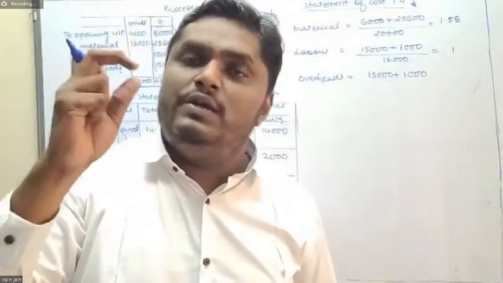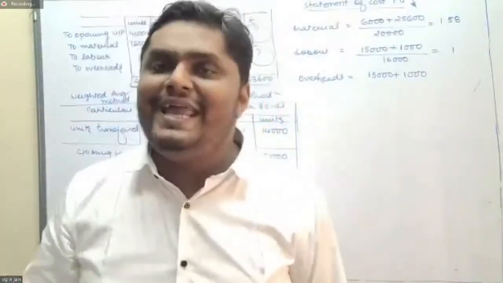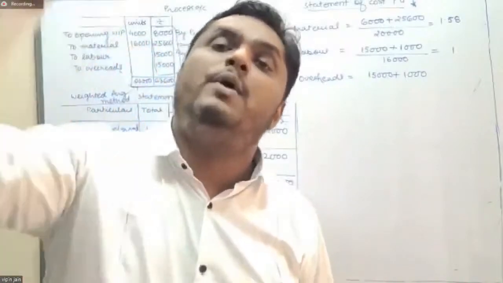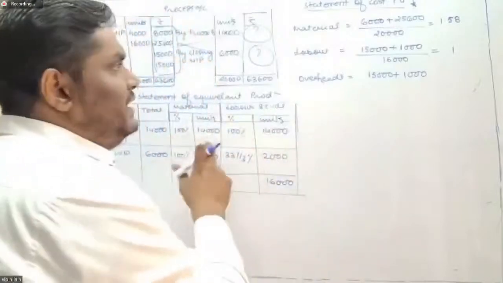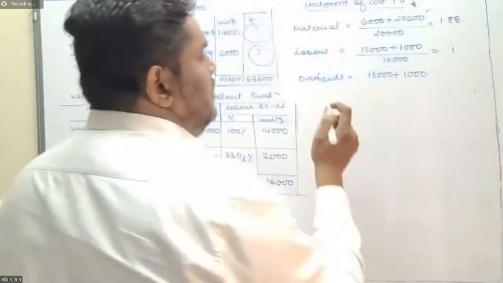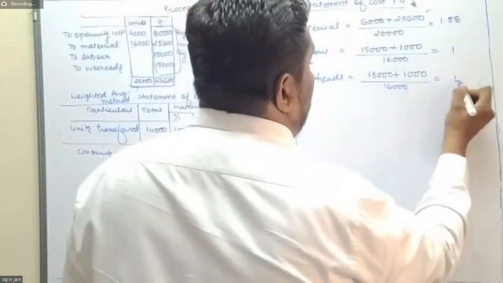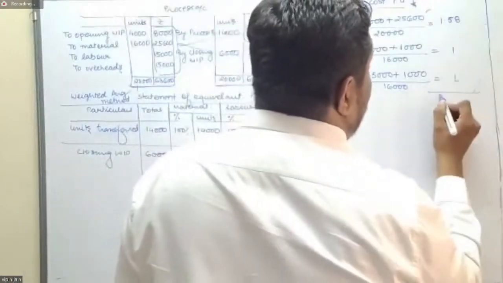This 14,000 units at 100% represents 10,000 units which are completed entirely during this year, plus the 4,000 units which were processed partly in the last year and partly in the current year. That's why we are taking 14,000 at 100%, and that's why we are taking the total cost also at 100%. So the total cost per unit we have got is 3.58.